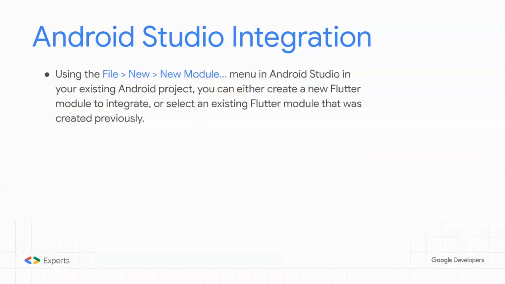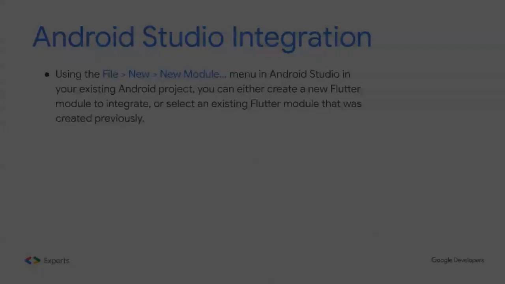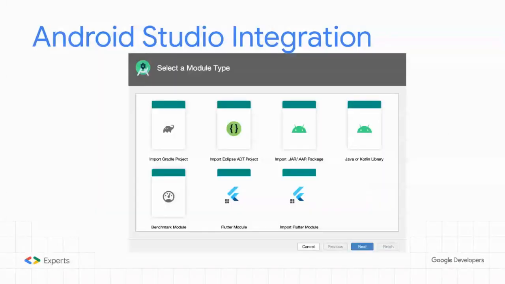If you have worked with modules in Android before, probably you know that if you go File, New, and New Module, it will take you to a window. And in this window, you can see something like this. This gives you some choices to create for your module.